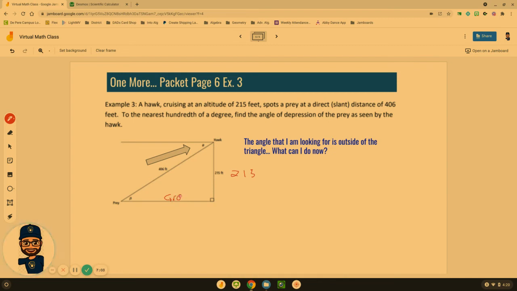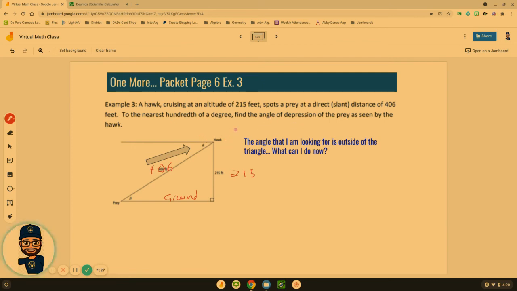It spots a prey at a slant distance of 406 feet. So that's what this is representing, this slant distance of 406. Looking back at its prey, and maybe the hawk is flying this way, we want to find, to the nearest hundredth of a degree, the angle of depression.